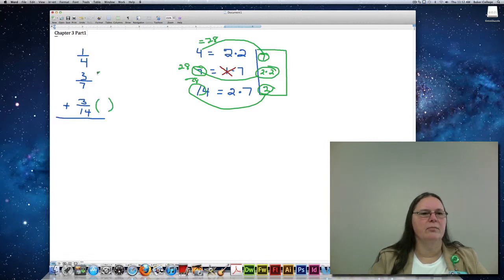So we come over here and we take the numbers that we developed in the box and use them to create our common denominator between all of these fractions. And when we increase the bottom of something, we also have to increase the top by the same value. That same value is different for each one of these. In the case of the 14, we had to double everything. So we're going to double the bottom and double the top.